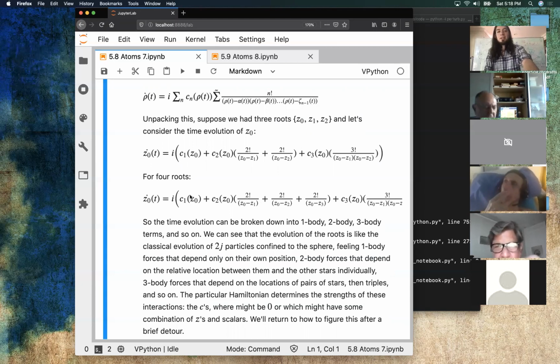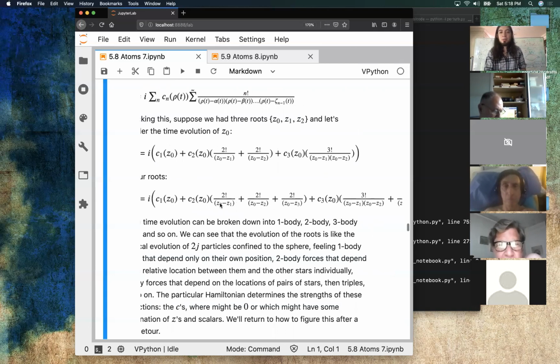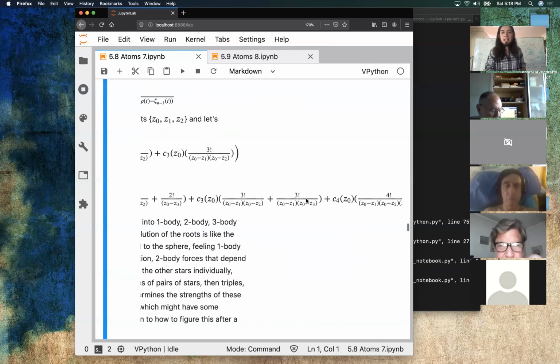So we have a little piece of this evolution that only depends on where that root is now. So it's kind of like a zero-body interaction. And then we have a term here where that root's feeling a force that depends on its relative location to the other stars. And then over here a term where the interaction depends on the location of pairs of other stars.